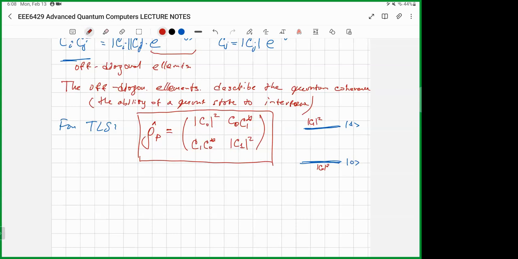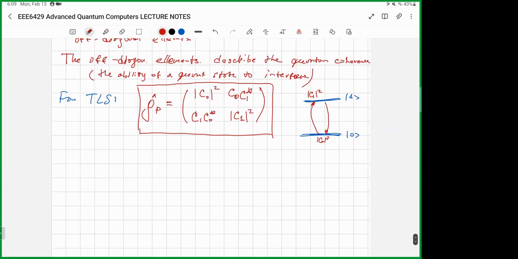And the off-diagonal elements give you some sort of quantum interference between the states, when one state affects the other one. So when they are not equal to 0, then the fact that the system is in the state 1 affects the probability of finding it in the state 0, and vice versa.